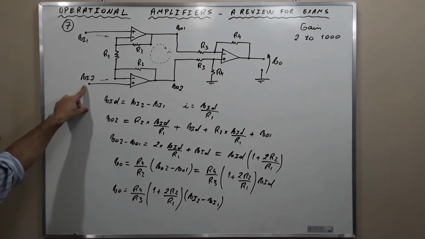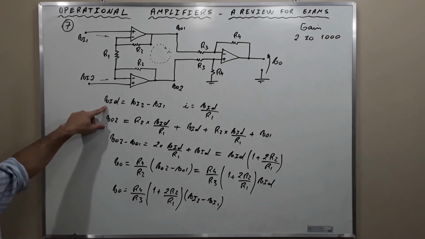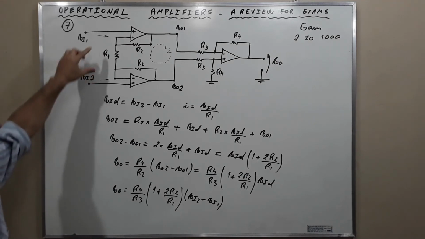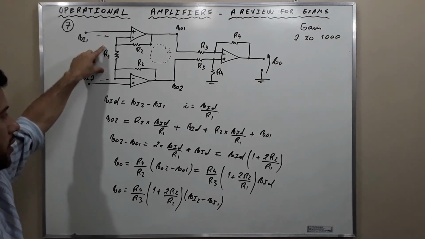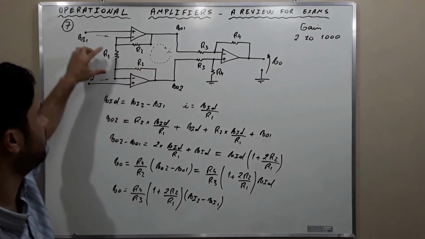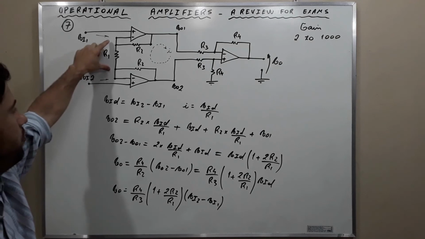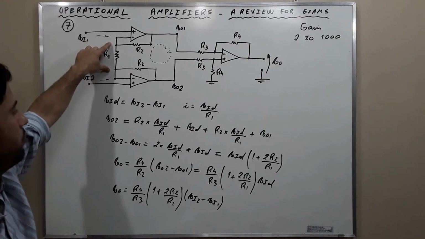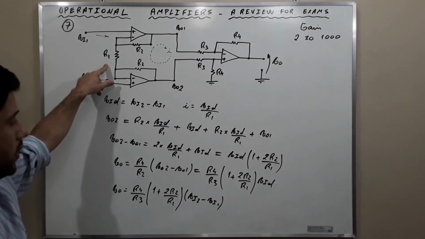Okay, my friends? Have you fully comprehended what I did here? Firstly, we understood why VID appears across R1. And secondly, we understood that the current that flows here is the difference between the signals, which we are calling VID, divided by R1.